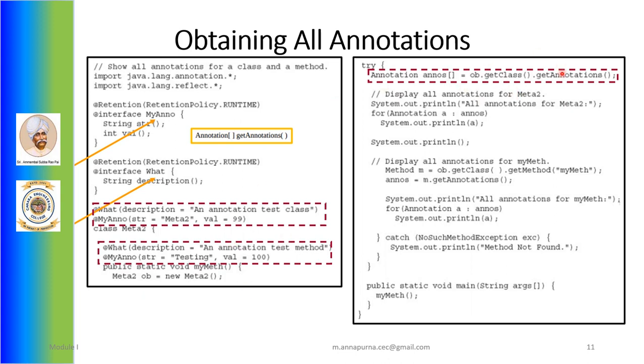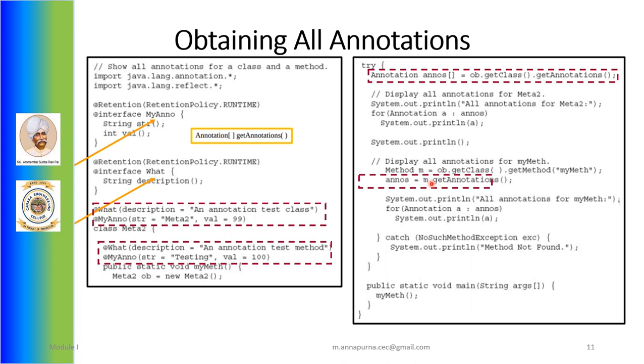So here I have used the getAnnotations method on the getClass, and this is used to display all annotations of the myMeth method.